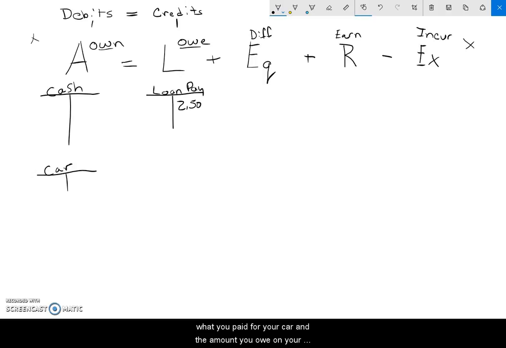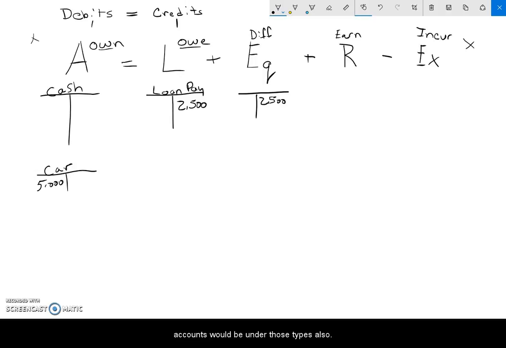And the difference between what you paid for your car and the amount you owe on your car is the equity you have in your car. Notice how the left debits equal the right credits. If you use your car to earn revenue by driving for a ride-sharing company and incur the expense of fuel, those accounts would be under those types also.